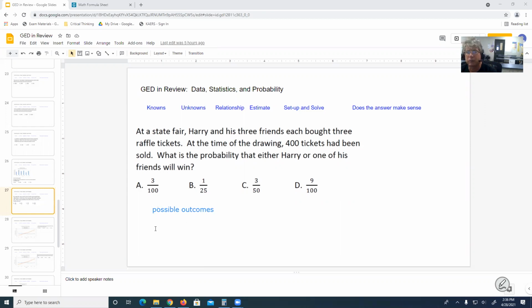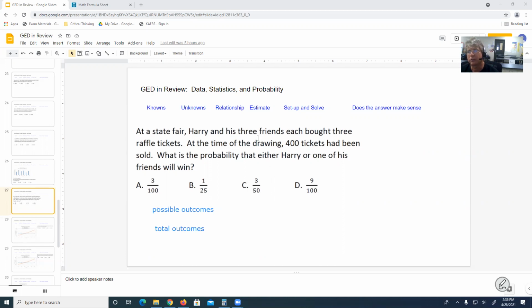And then the other thing we pick up on is the total outcomes, or possibilities. So those are the main things. So again, they didn't buy all 400 tickets. They only bought a part of those tickets. So that's going to be their winning possibilities, the possible outcomes.